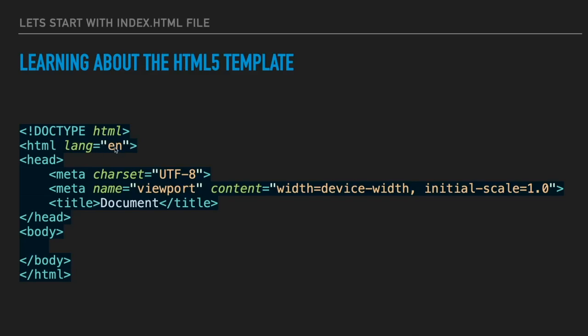If you were writing your website in Spanish, you would change en to es. And we learned about the head in the other videos. This is basically information that describes our website.